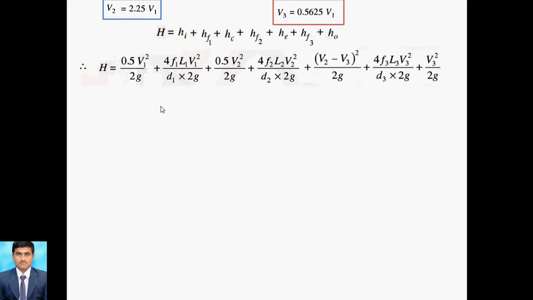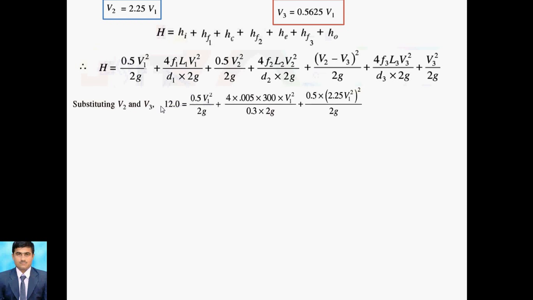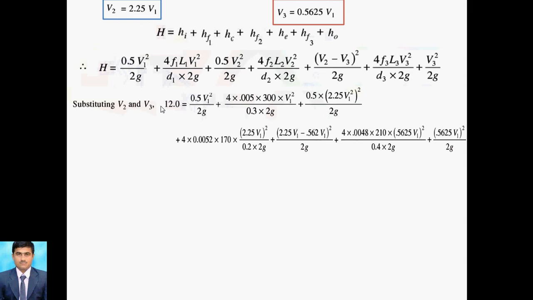Then HE is V2 minus V3 squared divided by 2G, because the pipe goes from smaller to larger. After that we put in the values of V2 and V3, because we know V1, V2, V3 and diameters D1, D2, D3.